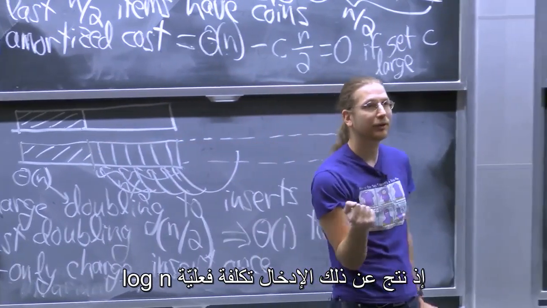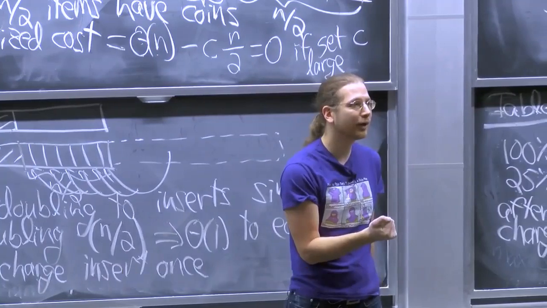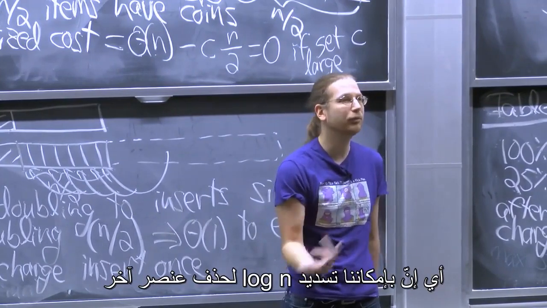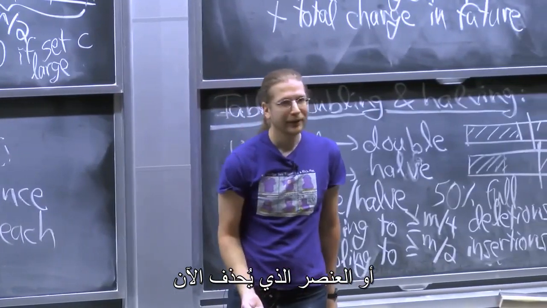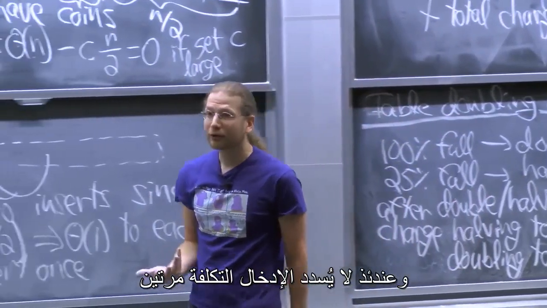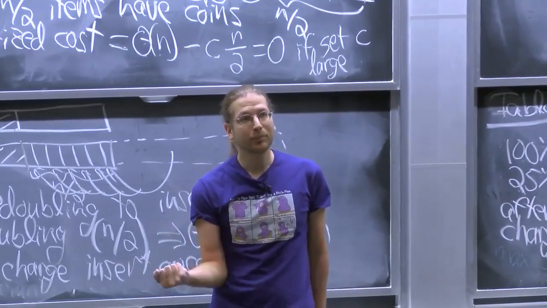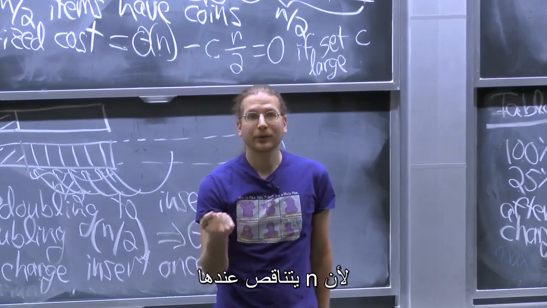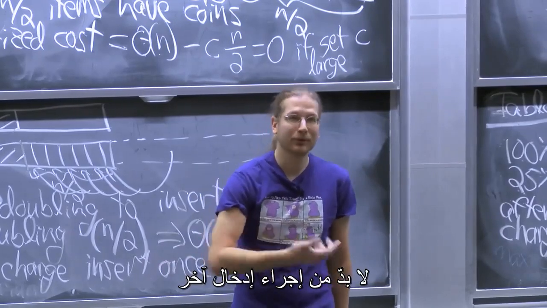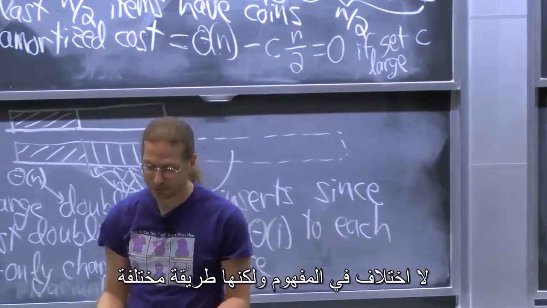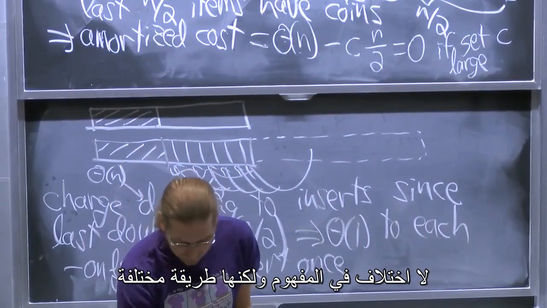Because that insert paid log n actual cost, so it can afford to pay another log n to pay for the deletion of some other item, the one we're currently deleting. And that works; you don't double charge to an insert because you're decreasing n right now. So for n to get up to that value again, you would have had to do another insert. So same thing, slightly different perspective.